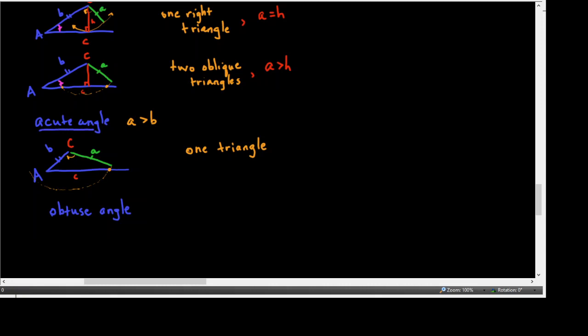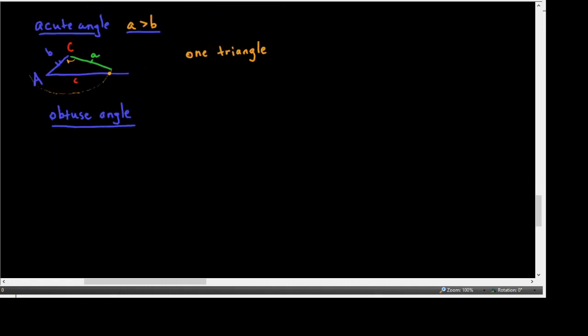So this was still acute angle, and A greater than B there. This is obtuse angle. And let's see what our possibilities are there. So we have an obtuse angle, let's say it looks like that, angle A is given. Side B will be given, and side A will be given.